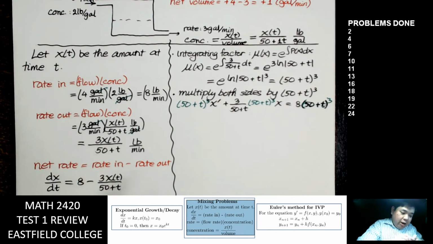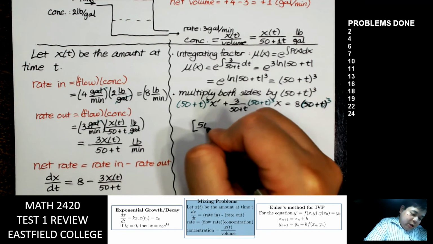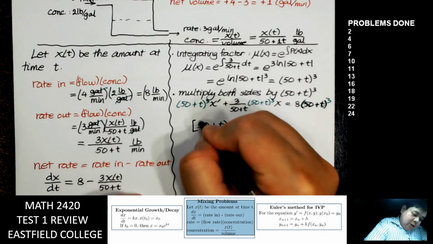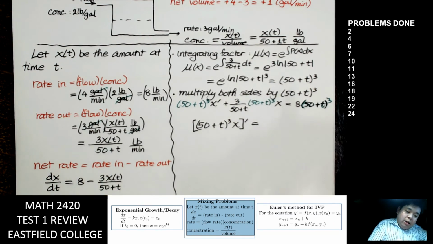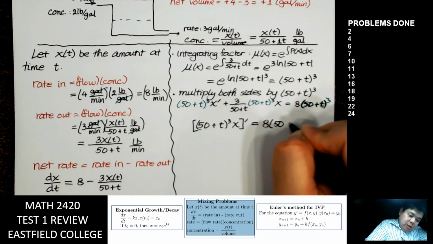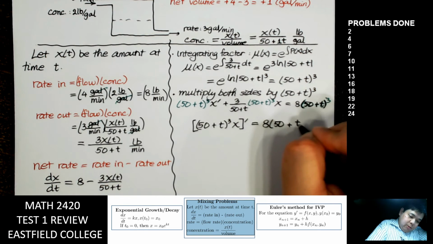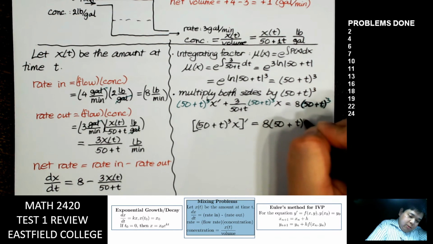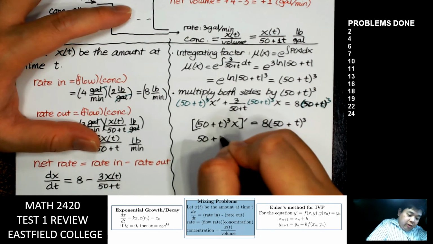The left hand side is a product rule, the derivative of the product, and the right hand side is just this. Right, integrate to get rid of the derivative.